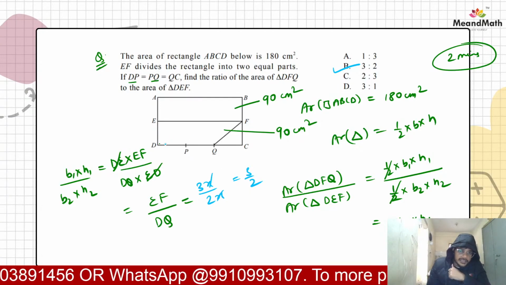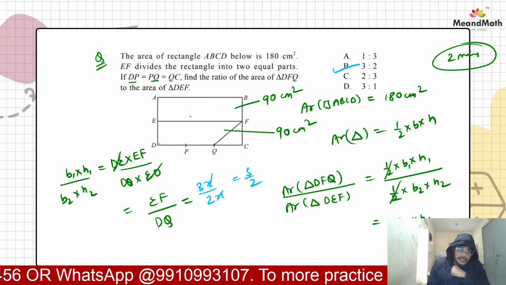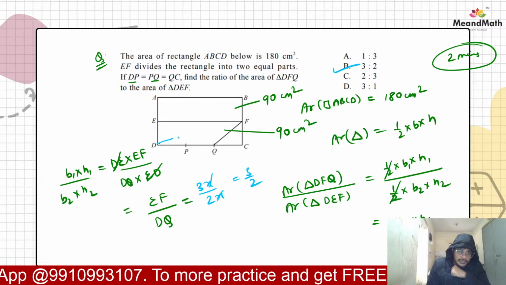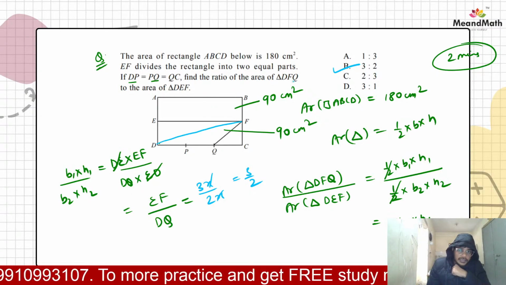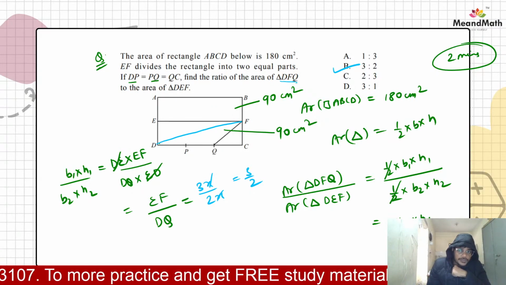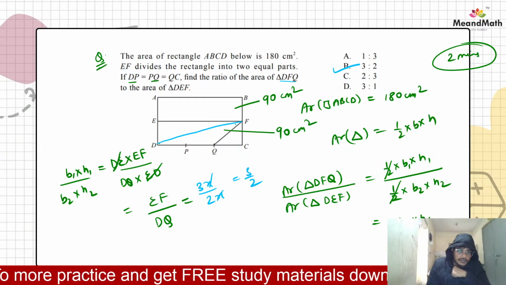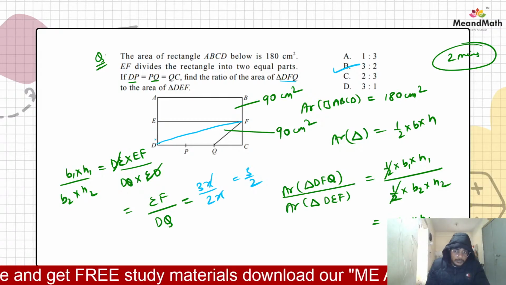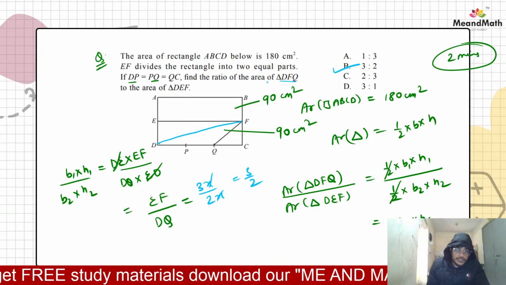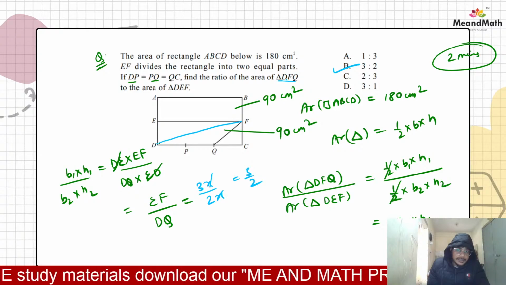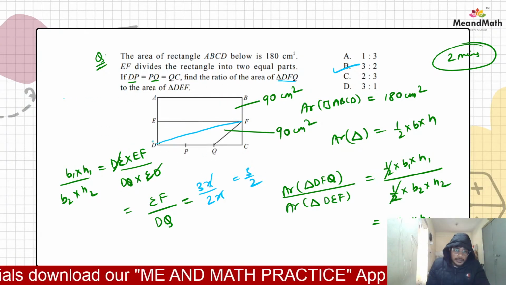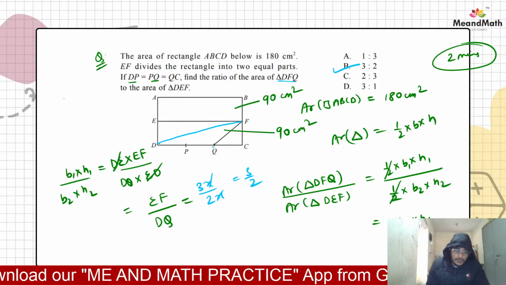See, you have this triangle. Which triangle? DEF. Sorry, DEF. This one. And the ratio of DFQ. Find out the ratio of the area of triangle DFQ over DEF.